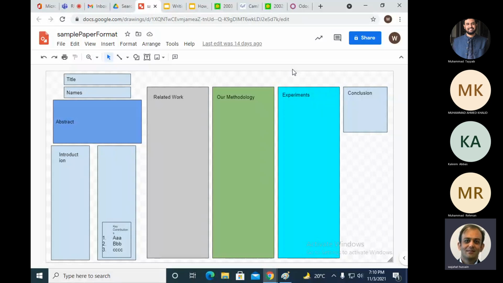And then comes the introduction, and in the introduction our aim is to motivate the reviewer about what we have done and why it is important, not how we have done it.